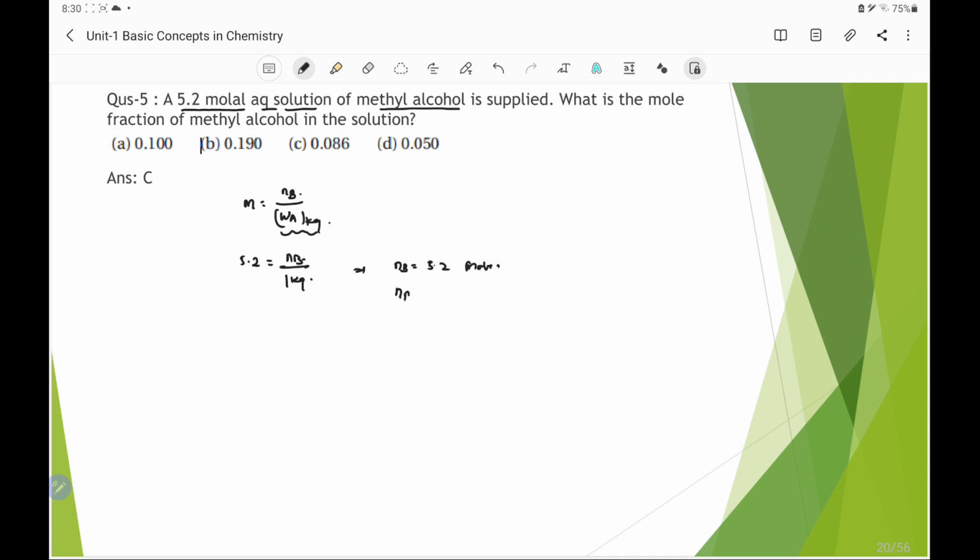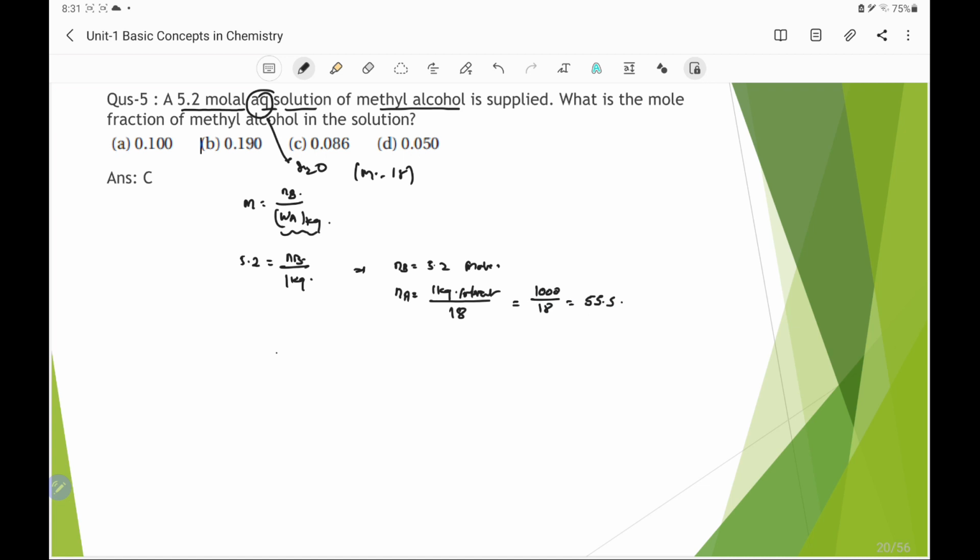Therefore, we have to find the number of moles of the solvent in 1 kilogram solvent. So we have to divide this 1 kilogram of the solvent by the molecular weight of the solvent. Because it is aqueous solution, solvent is water, and water has the molecular weight 18. This mass is to be used in grams, so it is 1000 gram divided by 18 and it comes 55.5.